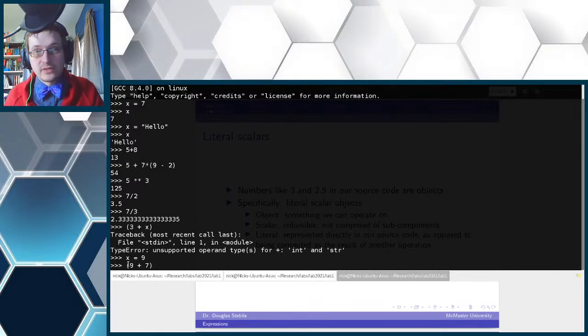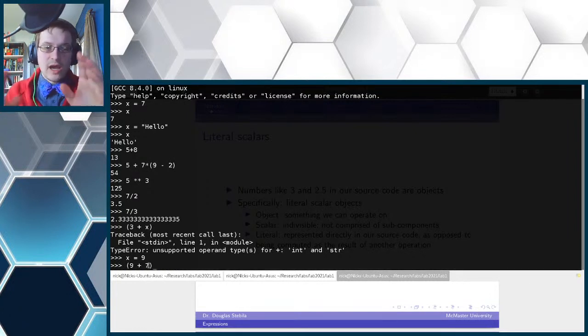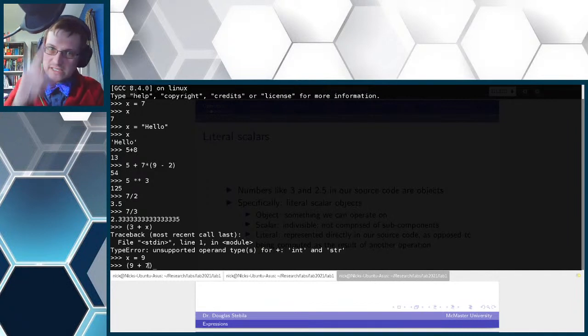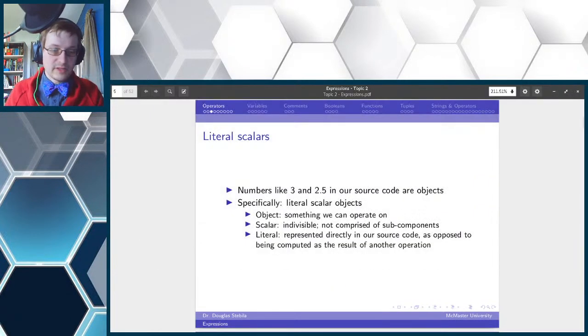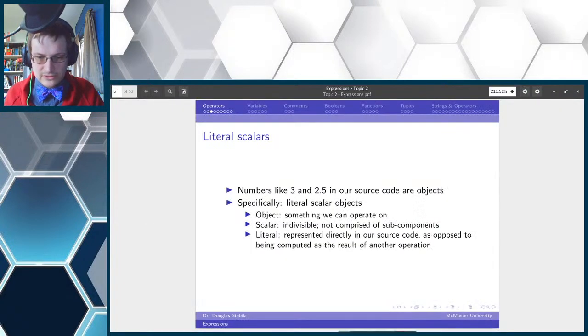It's a compound object because it is composed of 2 literals and an addition operator. We can break it down into 2 objects and an operator. 9 cannot be broken down further into objects and operators. Therefore, it is scalar. Hopefully that answers your question. That was a good question. I liked that question.